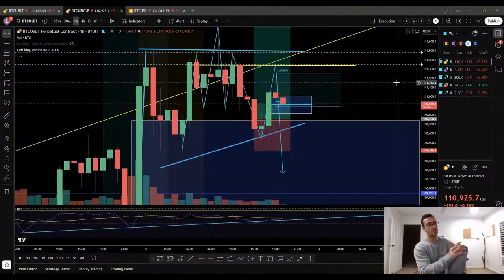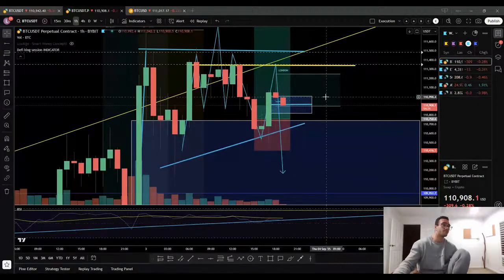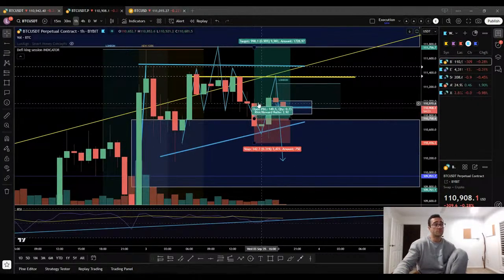All right, so we have pushed past the 50% line, but we haven't closed. So what it could do is wick all the way down, then reverse. Or it could just continue to push down.